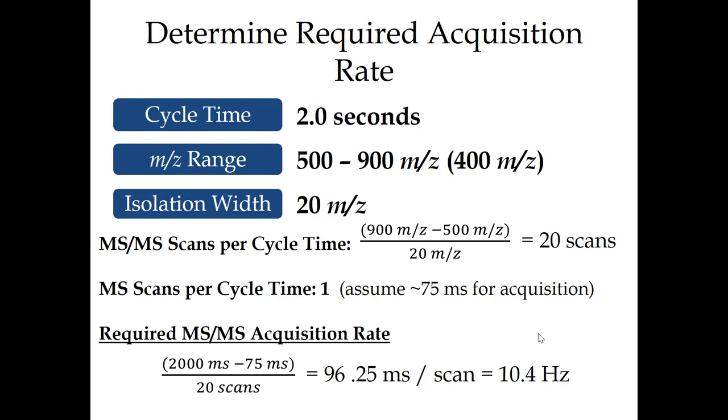And then in each one of those cycles, I'm going to acquire a single MS scan. On our instrumentation, it's about, assuming 75 milliseconds for acquisition of that scan, right? That means your required MS acquisition rate to hit a 2-second cycle time is going to be 10.4 hertz. So for each individual scan, you have 96.25 milliseconds to acquire it.